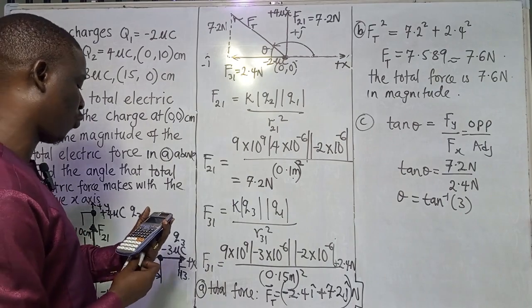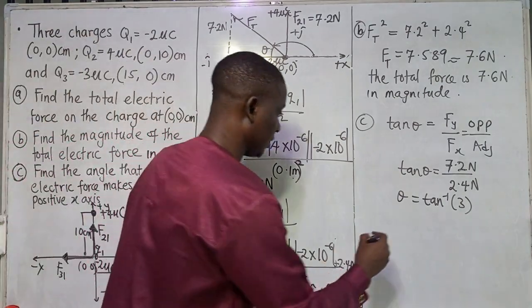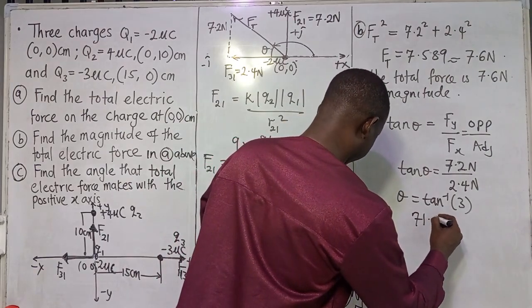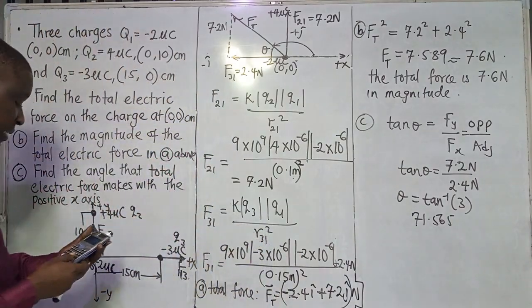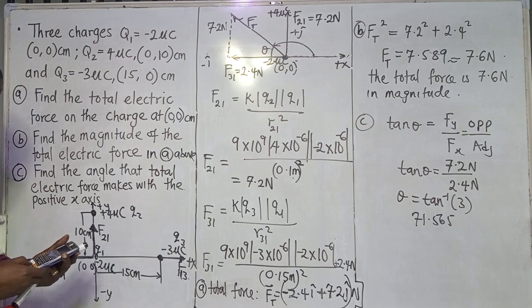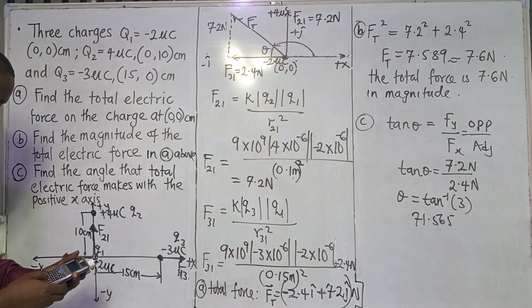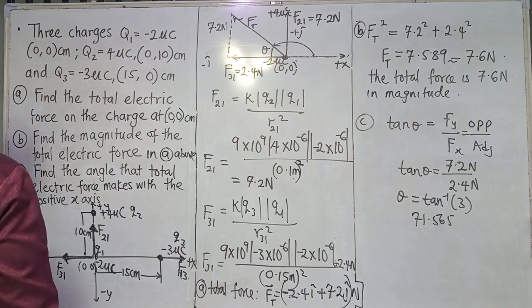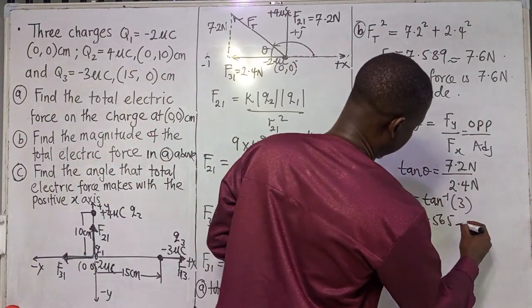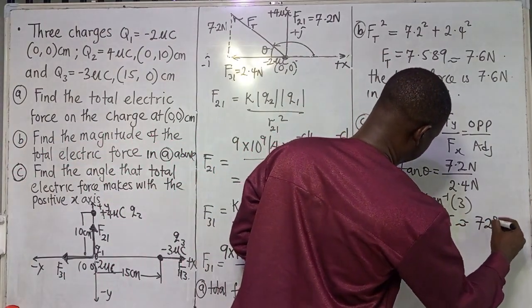I would have 71.565, let's confirm it, 7.2 and 2.4. So 71.565, which is approximately 72 degrees.